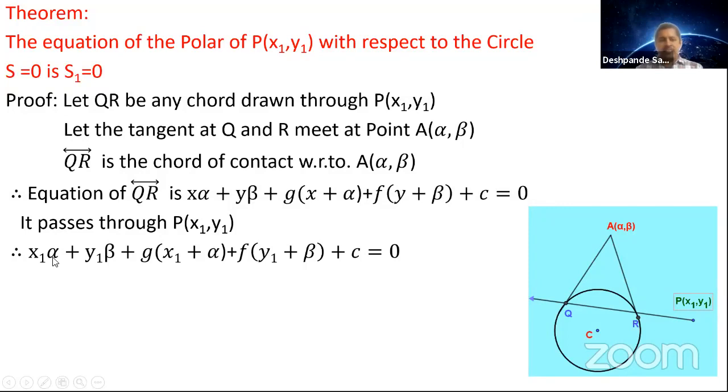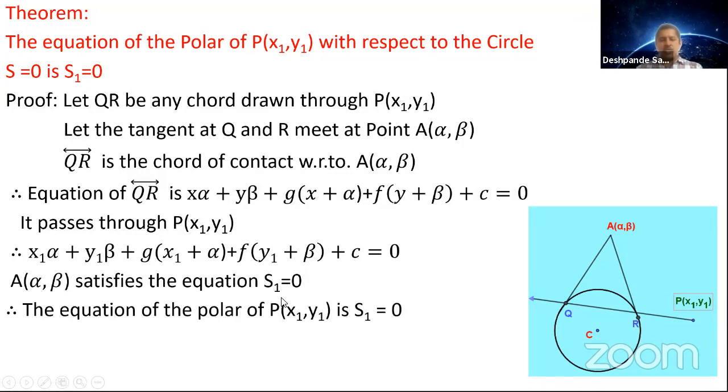So you can replace this alpha and beta in general with a general variable x and y. Why? Because you get another point here, another point there, right? So you get points like this on a line. So you can replace alpha with x and beta with y.